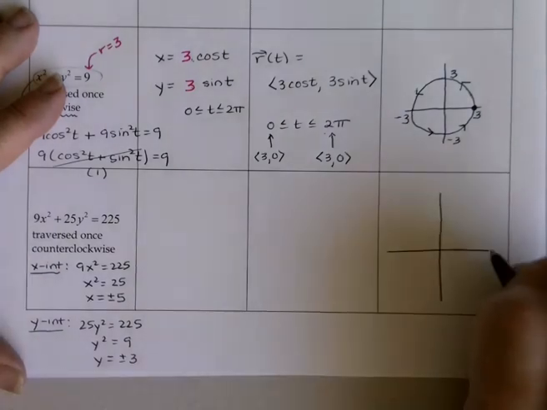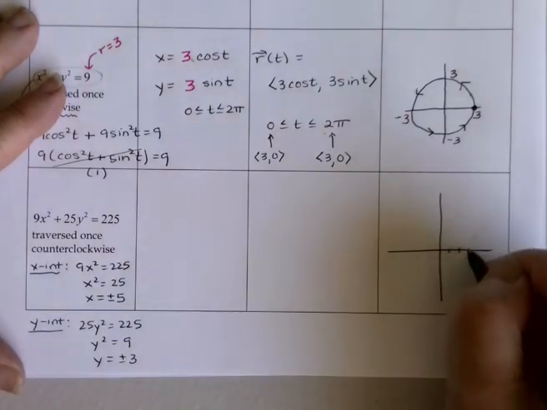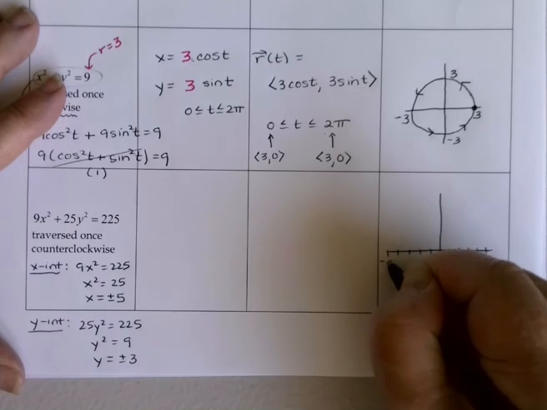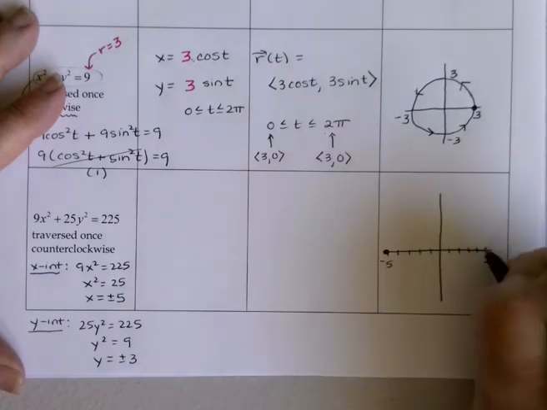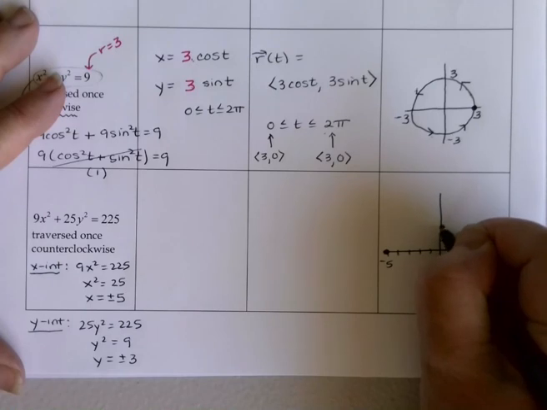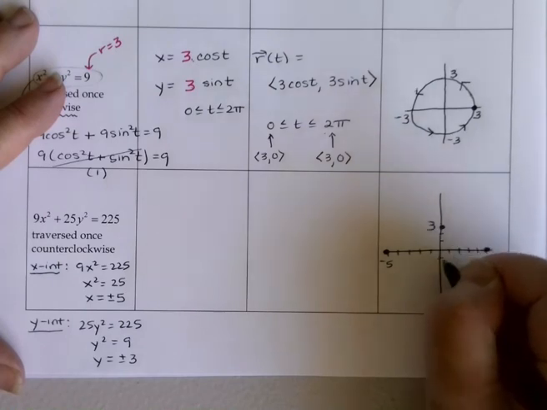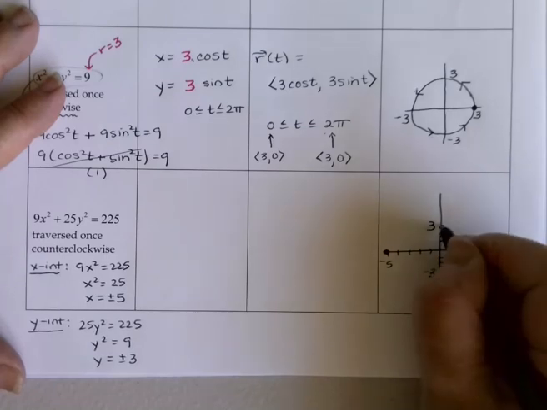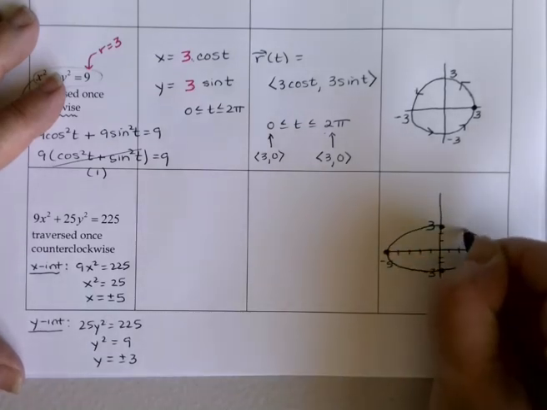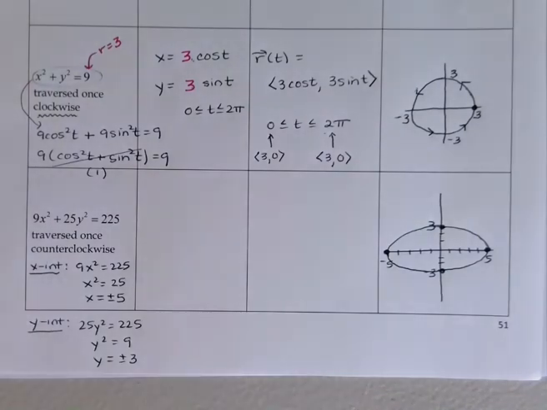The x-intercepts were plus or minus 5, and the y-intercepts are plus and minus 3. So the ellipse is going to look like that.